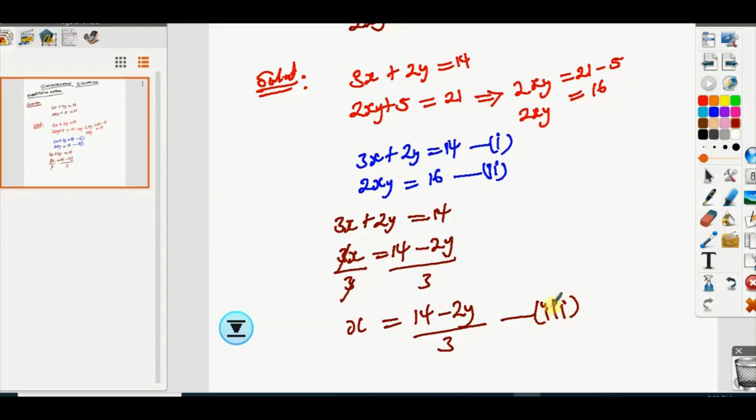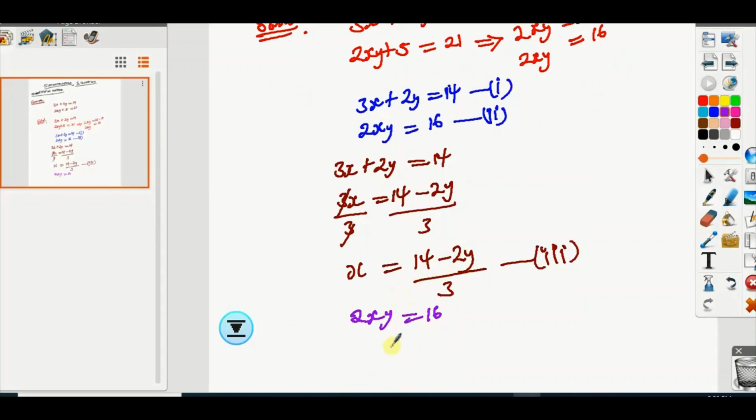Now we substitute this value into equation 2. Why? Because we used equation 1 to form equation 3. From equation 2 we have 2xy equal to 16. So in place of x, let's put all this value there.